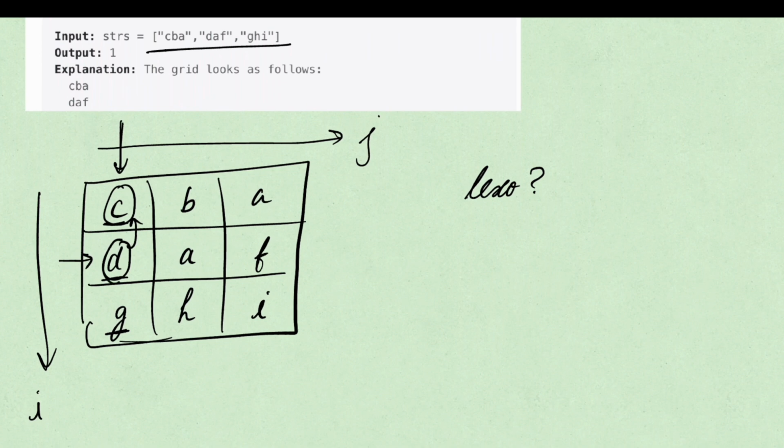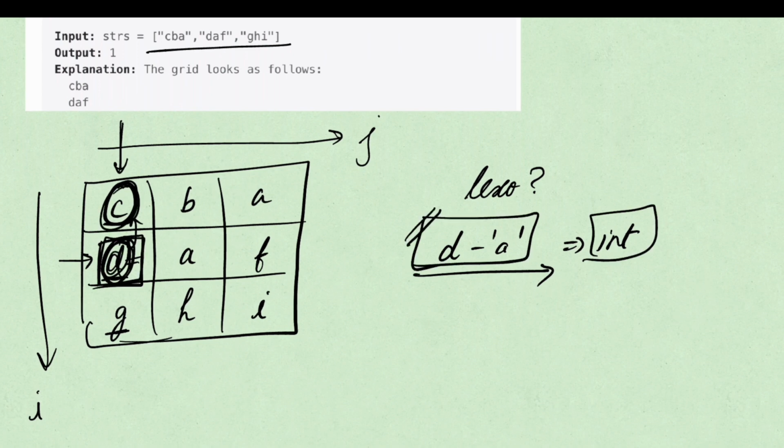And if this character is greater, let's say D is greater than C, so it is fine. How we check that is we take the character and subtract the ASCII value of A from it, right? So if we subtract both of them, we get an integer value, and with that integer we can compare it similarly with the previous character as well.